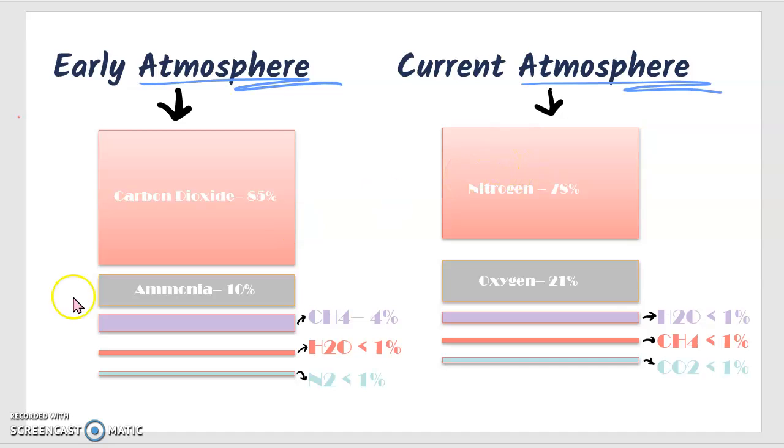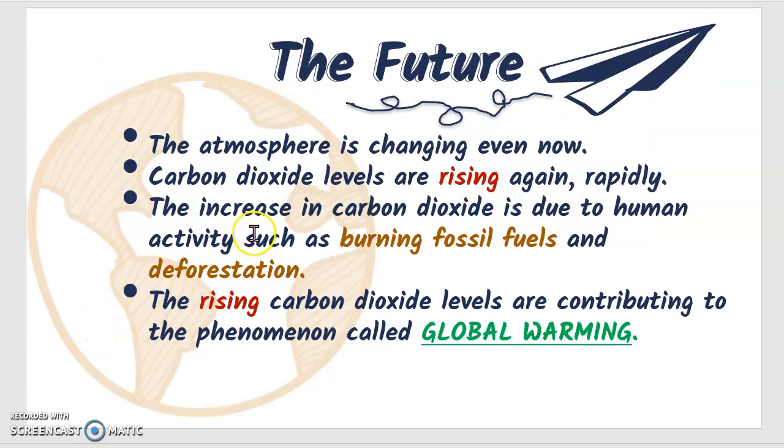If we look at the future of our atmosphere, it is even changing up to now. Carbon dioxide levels are rising again rapidly. The increase in carbon dioxide is due to human activities such as burning fossil fuels and deforestation.